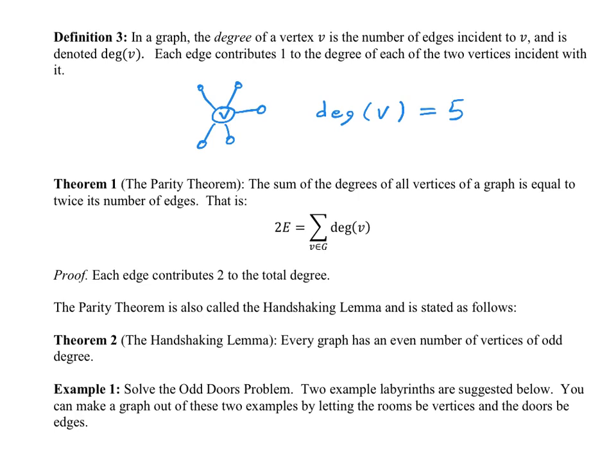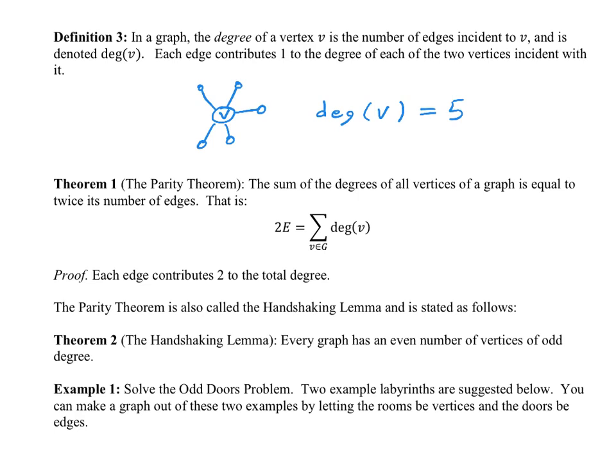The parity theorem says that the sum of the degrees of all the vertices is equal to twice the number of edges. Capital E represents the number of edges in a particular graph. If we multiply that number by 2, we always get what we call the degree sum.